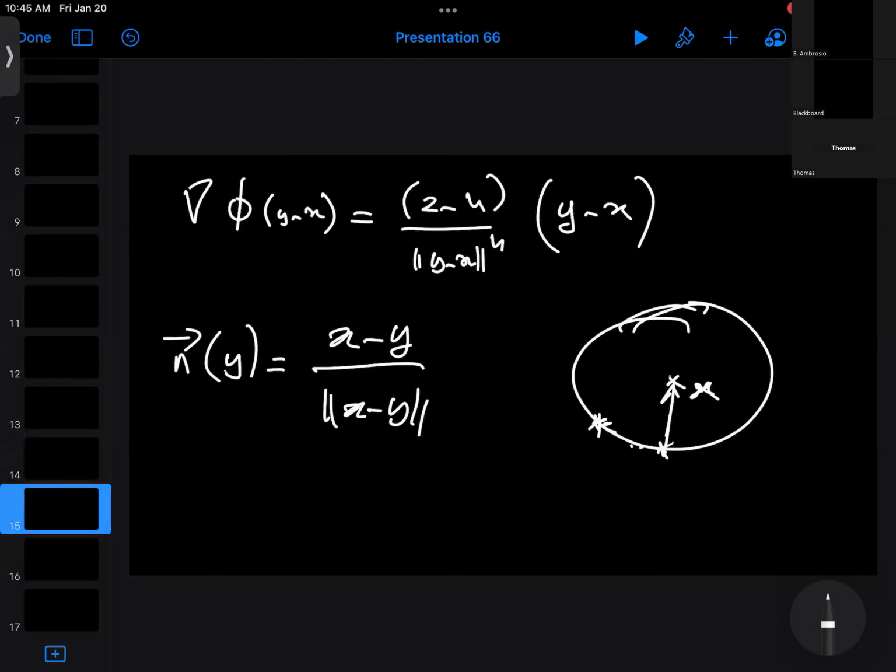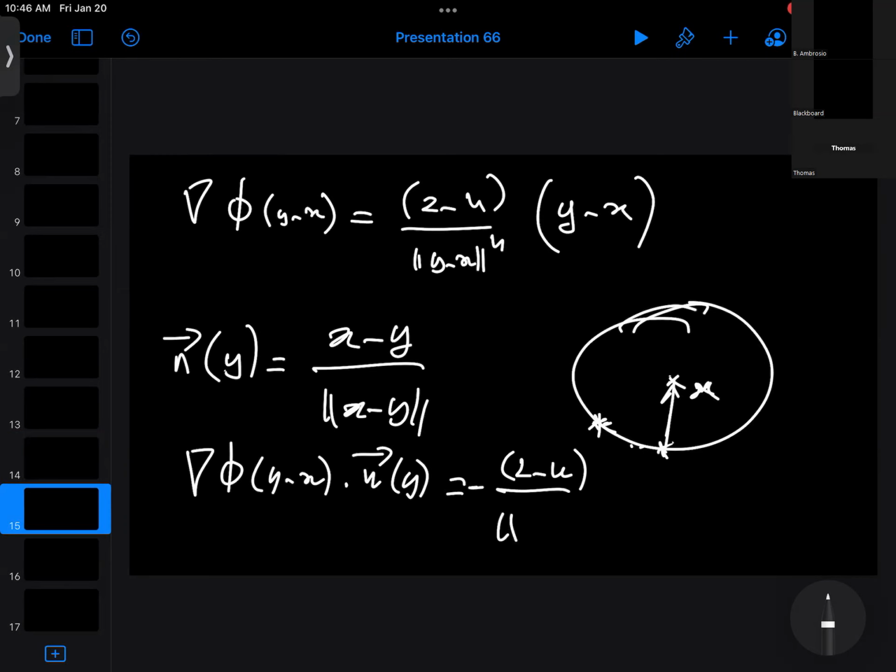And I will obtain that grad phi at y minus x dotted with the normal is actually 2 minus n divided by the norm. There's a minus because here I have x minus y and here I have y minus x. So if I do the scalar product of these two vectors, it's minus the square norm of x minus y. But here I have n, so I can take one out, and it's n minus 1.